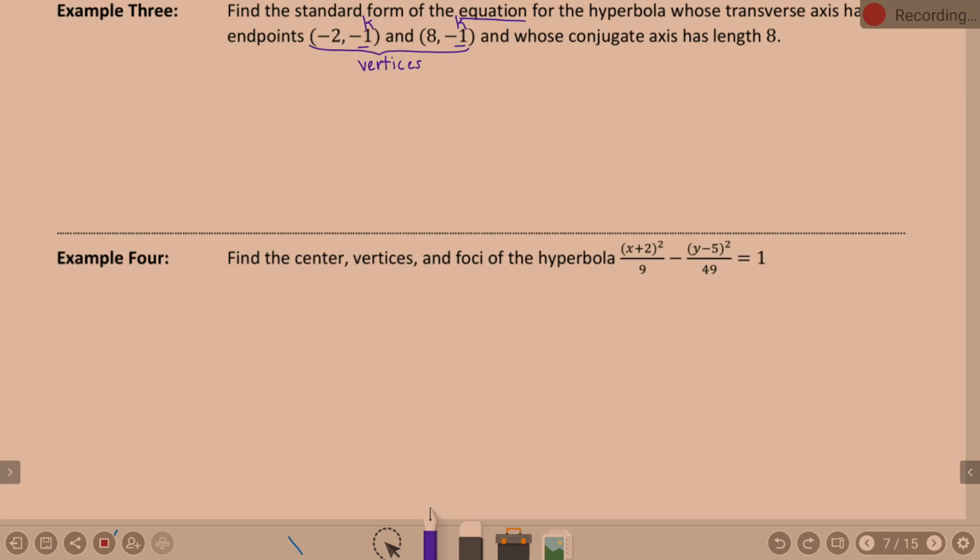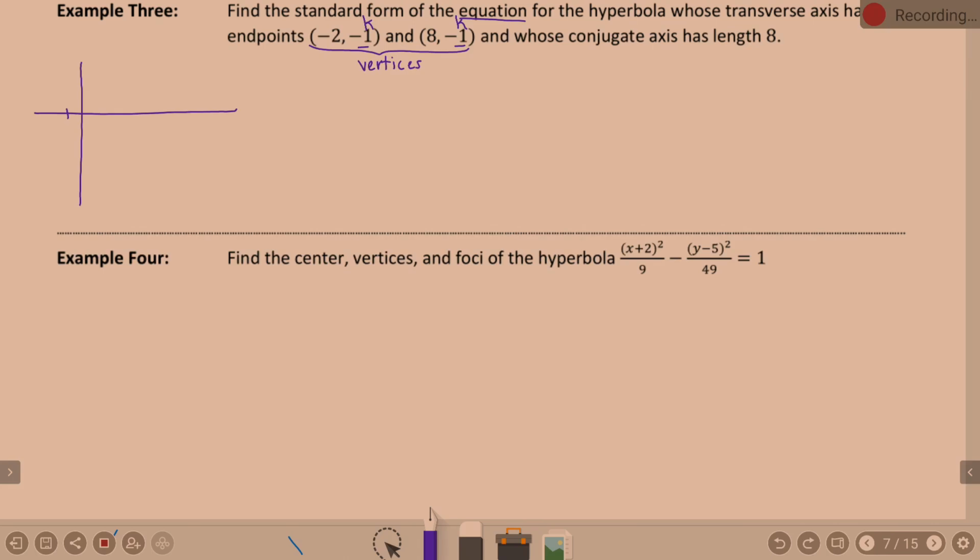Well, how long is my transverse axis going to be? What is the distance from (-2, -1) to (8, -1)? 10. A distance between negative 2 and 8 would be a distance of 10. Now, I'm not saying you'd have to, but for some of you, a picture might be helpful here to see that visual.